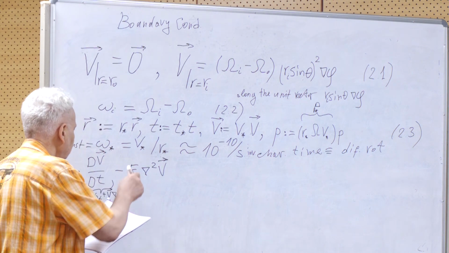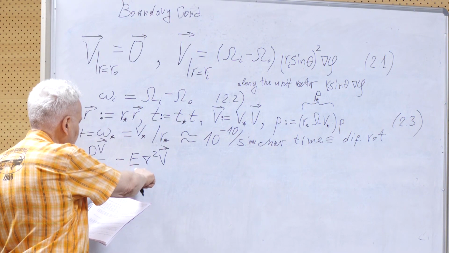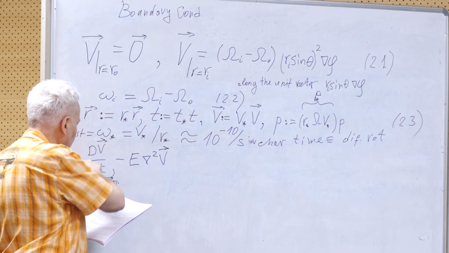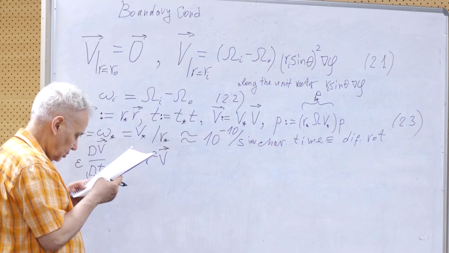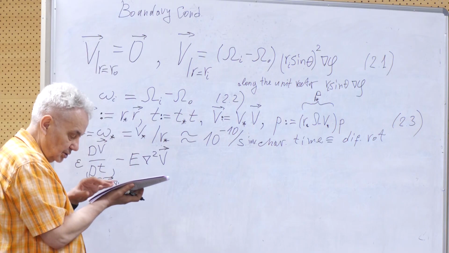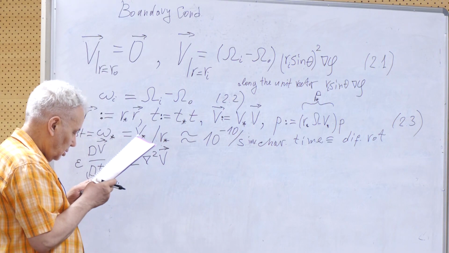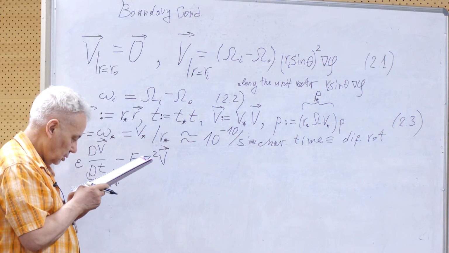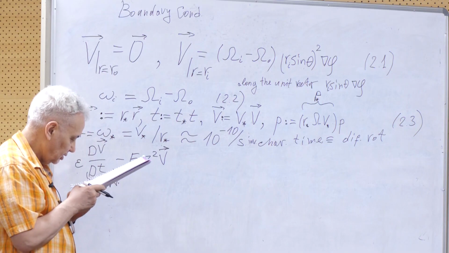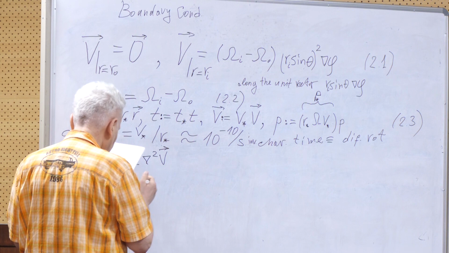Nevertheless, usually for the Earth it is 10 to minus 15, while this epsilon is something about 10 to minus 6, 10 to minus 8.